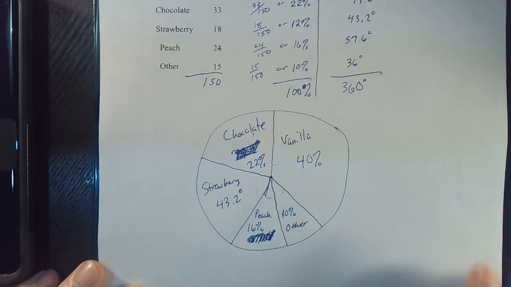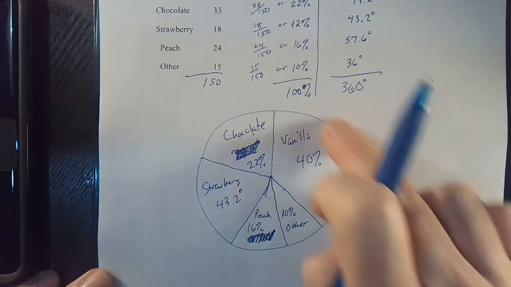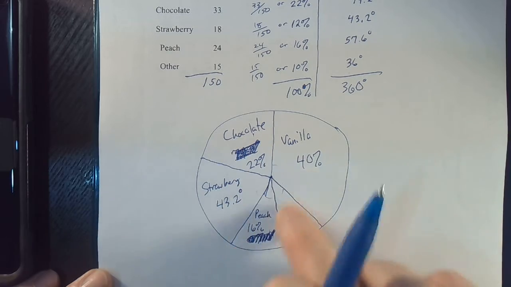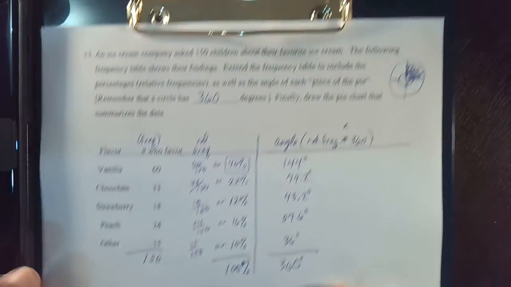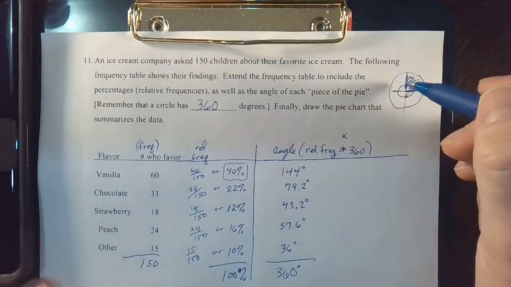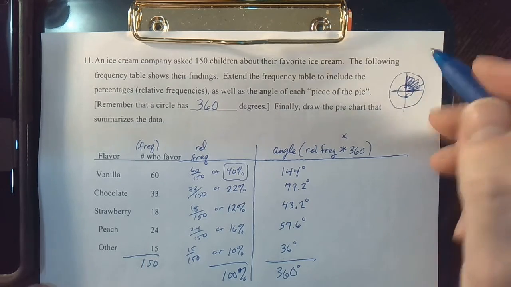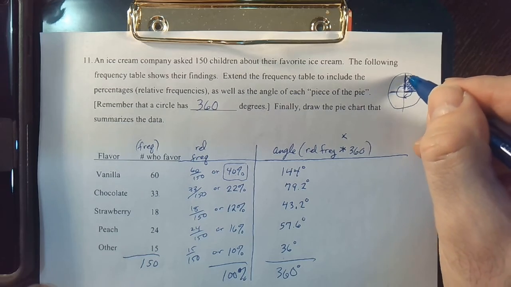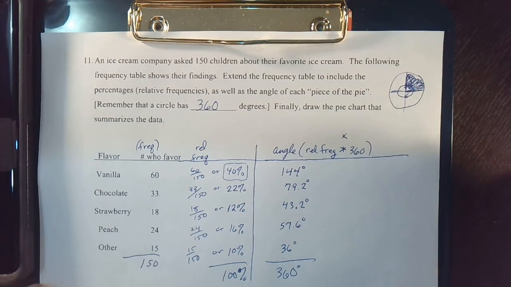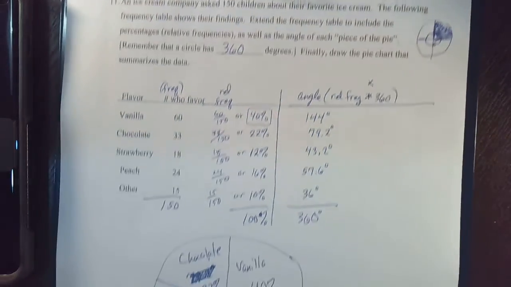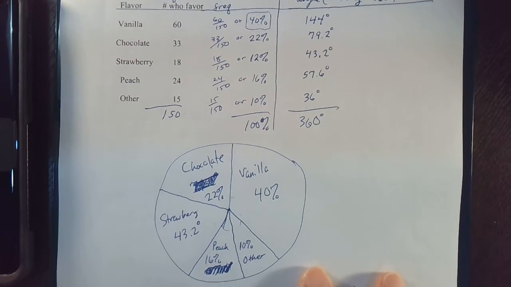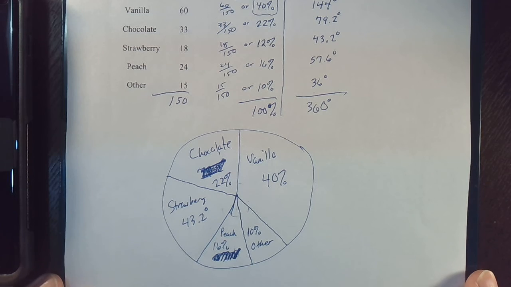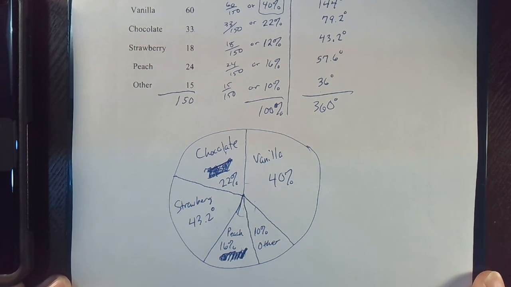And just remember, once again, on an exam, I'll give you a nice clean circle, and then you just do your best job to approximate these. So remember what I set up here. Half of a circle is 180 degrees. If you take half of a half, like this right here, that's a quarter of a circle, that's 90 degrees. And just do your best. And I consider this to be very reasonably done. So my standards aren't too high.